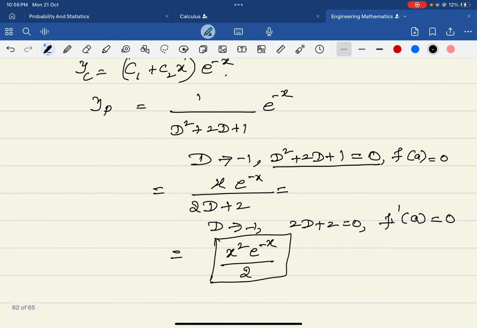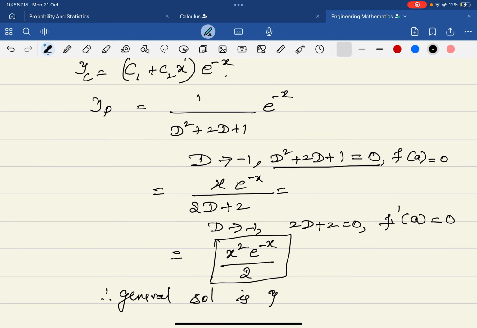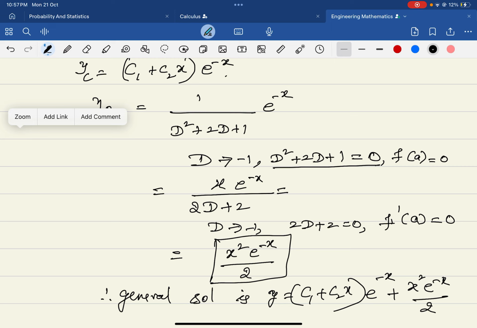So you got the yc, you got yp. Therefore the general solution is y equal to c1 plus c2x times e raised to minus x plus x square e raised to minus x over 2. So this is the general solution.